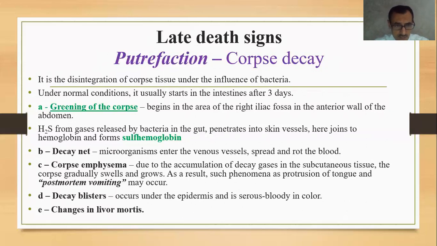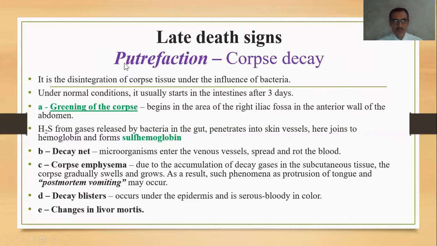Or maybe by the emphysema of the throat, it can be ruptures also. Then decay blisters that occur under the epidermis and are serous bloody in color, and maybe the change in the livor mortis.